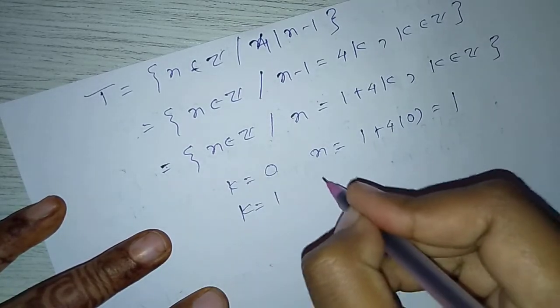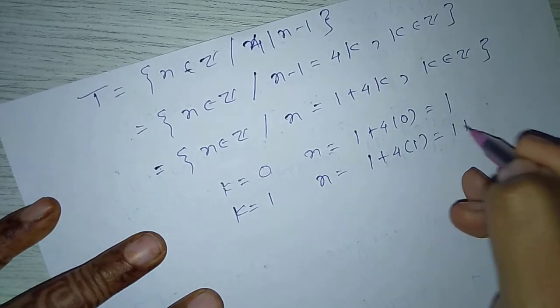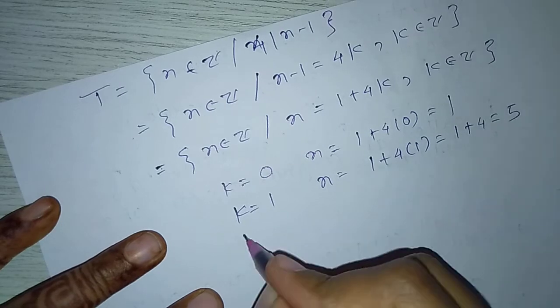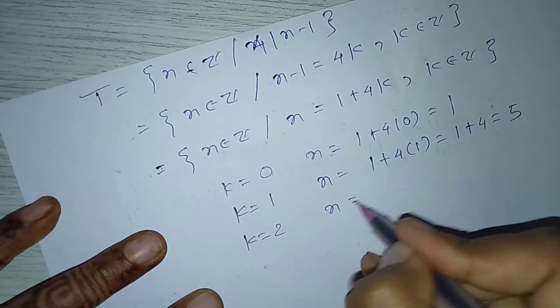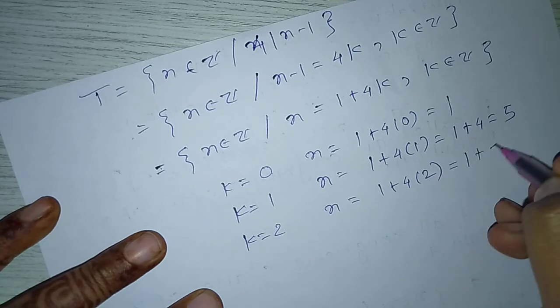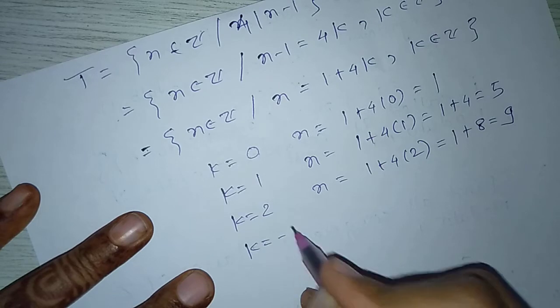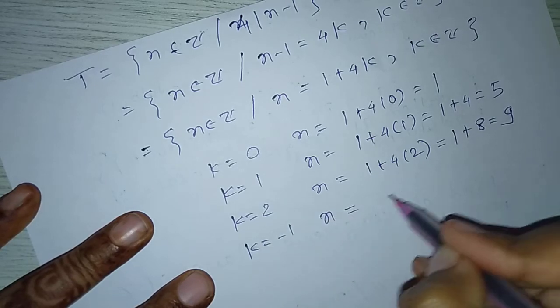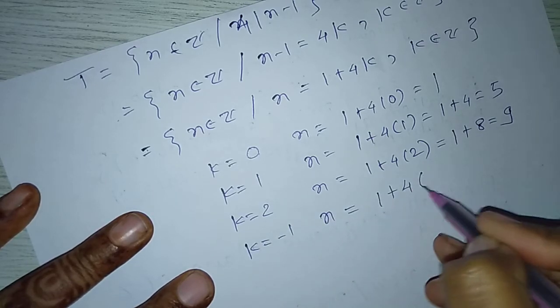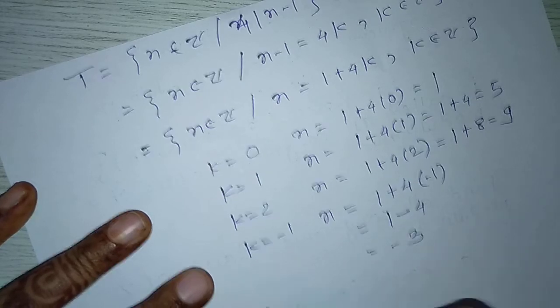K equal to 1, x equal to 1 plus 4 equal to 5. Put k equal to 2, we get x equal to 1 plus 8 equal to 9. Similarly, if we put k equal to minus 1, we get x equal to 1 minus 4 equal to minus 3.